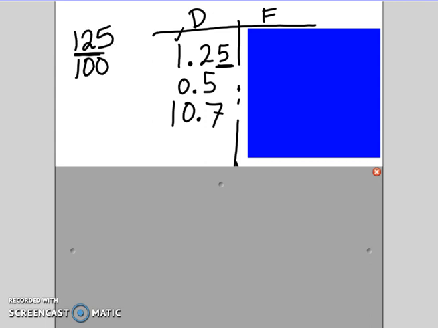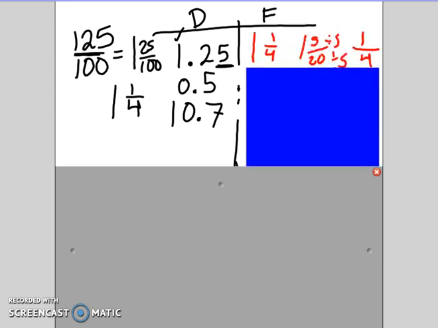Now we have to simplify that one. How is that going to simplify? Well, we can take 1 out and we'll have 25 hundredths left over. Continue simplifying. 1 and 1/4. Okay, 1 and 1/4. Go ahead and do the other two if you messed up on the first one.